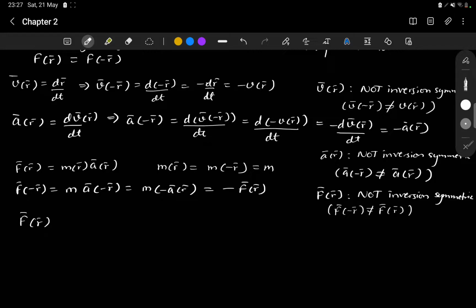Force at a point R is equal to charge times the electric field at R. Now charge, denoted by Q over here, is also inversion symmetric. Charge doesn't change under inversion operation. It is a constant and it remains the same.